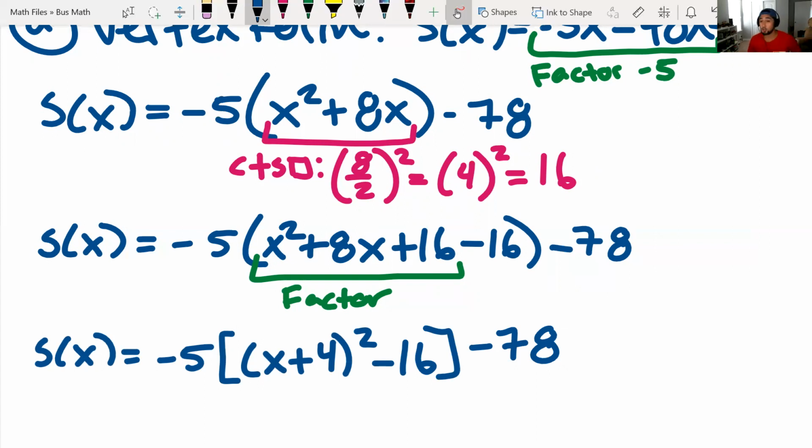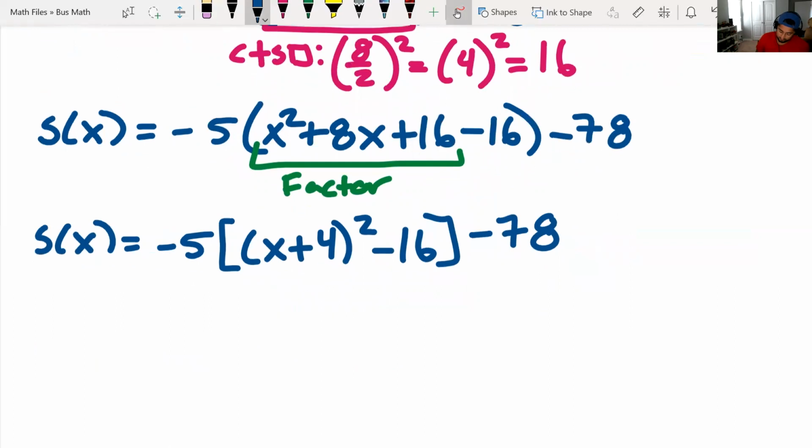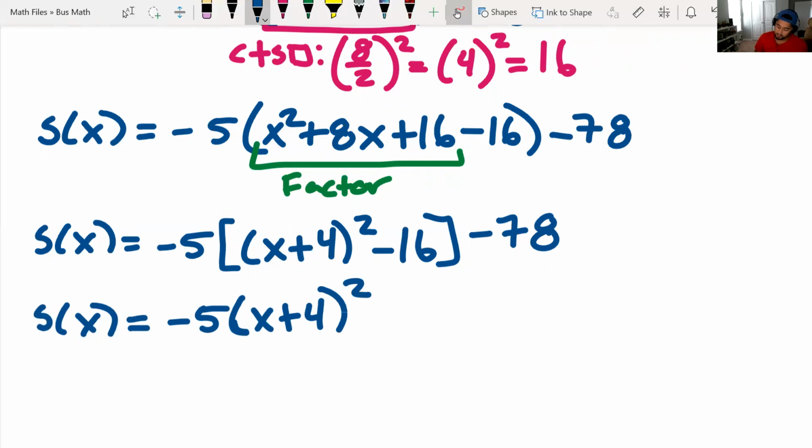Now distribute the negative 5. And we'll have negative 5 times x plus 4 squared plus, what's 5 times 16? Is that 80? Yes. Plus 80 minus 78.